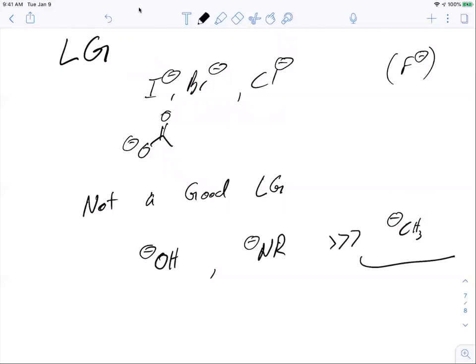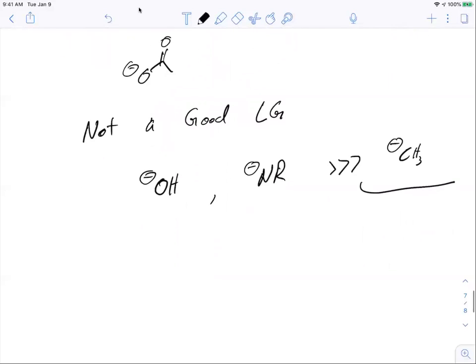So you never see that. You don't see a carbon-carbon bond being broken as a leaving group. But you could think that you might want to take this molecule and turn it into this molecule.